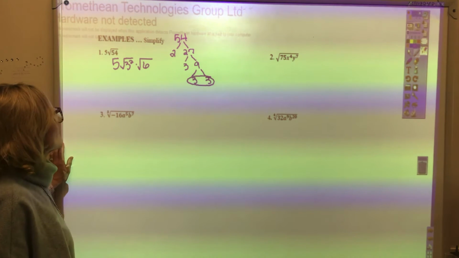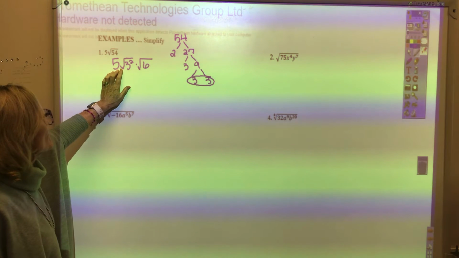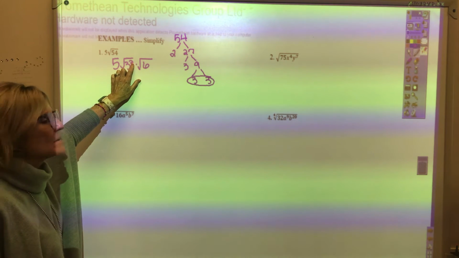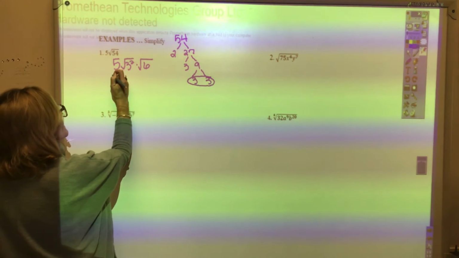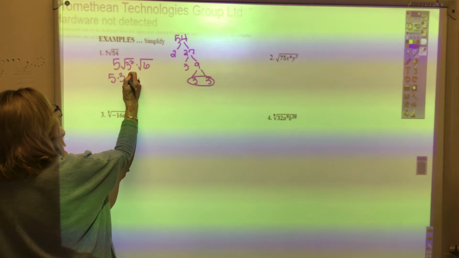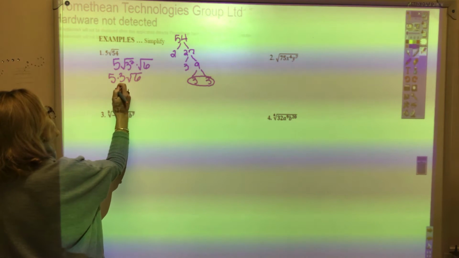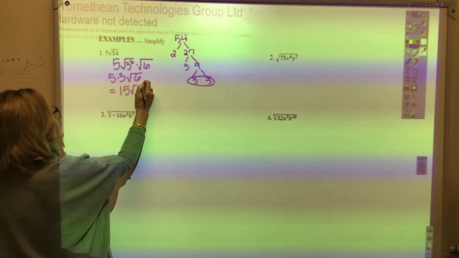Now, y'all have learned these before, that when you're simplifying the radicals, if it's a square root, you're dividing by 2. So this gets divided by 2, meaning we would have 5 times 3, but we can't do anything with the square root of 6. So our answer will be 15 square root of 6.